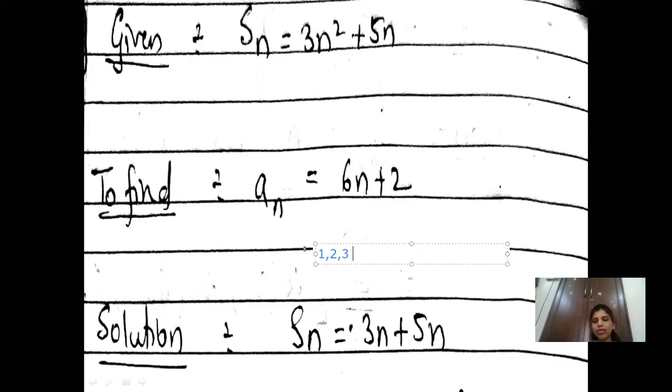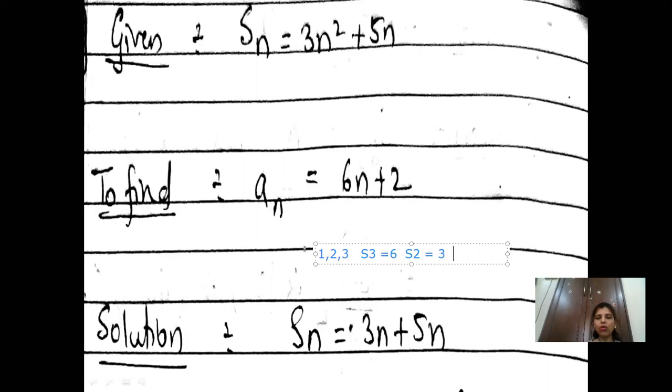So this is a series. Now suppose I want you to find the second term, and this series is not given to you. If the total is given to you, Sn, here because there are only 3 terms, 2 plus 3 is 5, 5 plus 1 is 6. So the sum of 3 terms is equal to 6, and the sum of 2 terms is equal to 2 plus 1, that is 3.